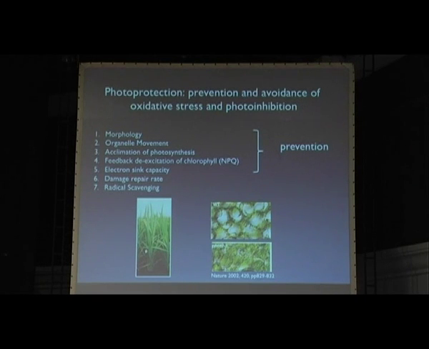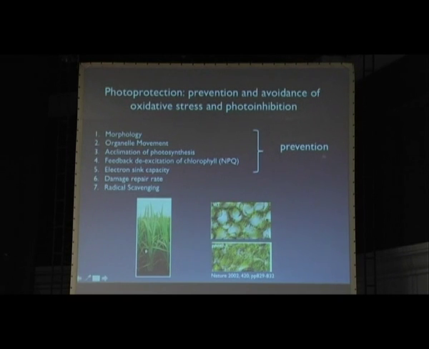You get acclimation of photosynthesis, and you get something called feedback de-excitation, usually called non-photochemical quenching, or NPQ. This is a down-regulation of excitation energy within the thylakoid membrane. And you get changes in electron sink capacity, and this can be almost anything actually. For example, photorespiration also acts to an extent as an electron sink.